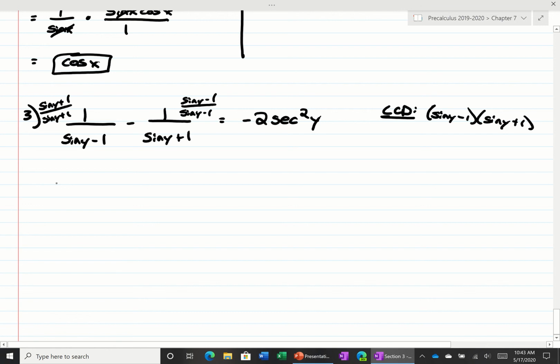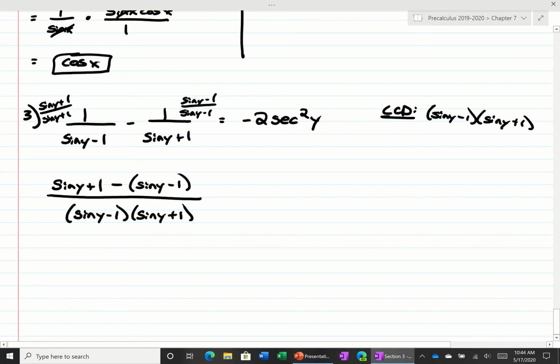On the top here, this turns into sine of y plus 1 minus sine of y minus 1, all over the common denominator of sine of y minus 1 times sine of y plus 1. And remember, we want to turn this whole thing into negative 2 times 1 over cosine squared.